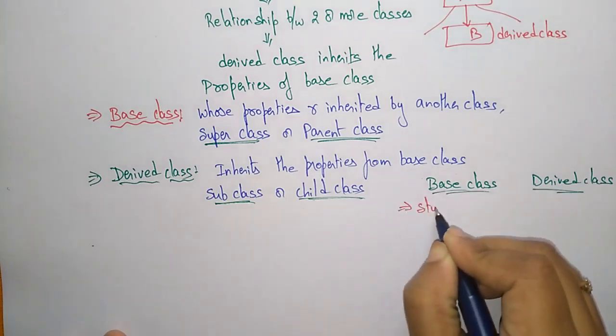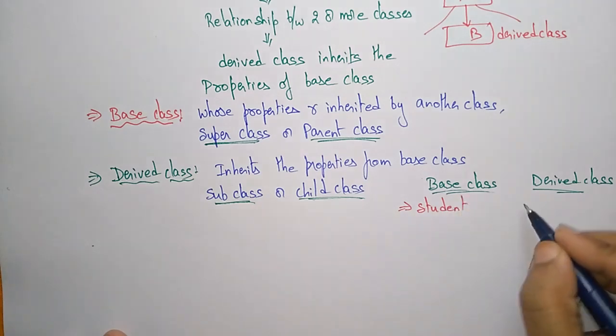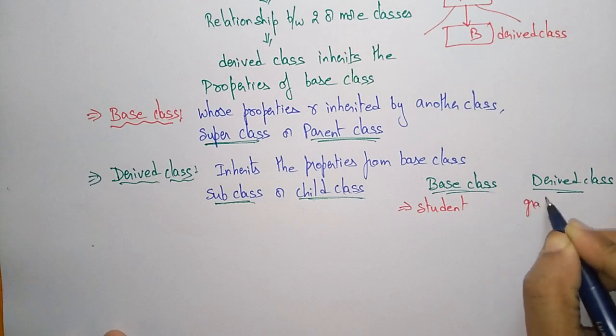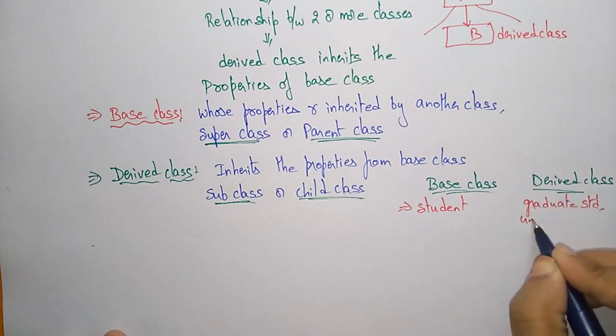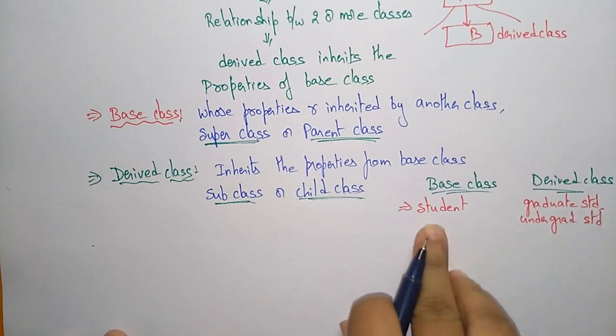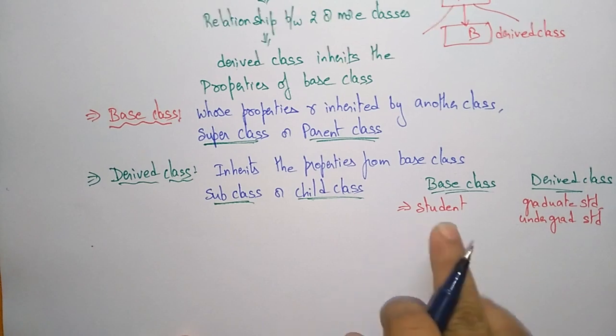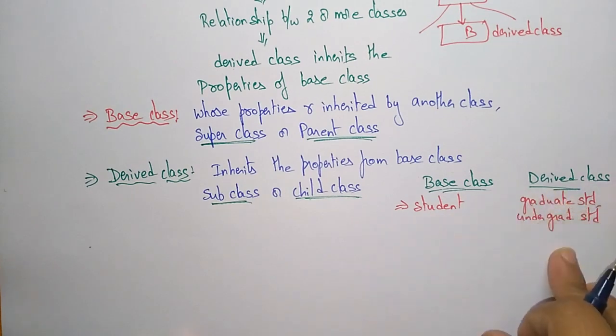Then the derived classes may be graduate student or undergraduate student.